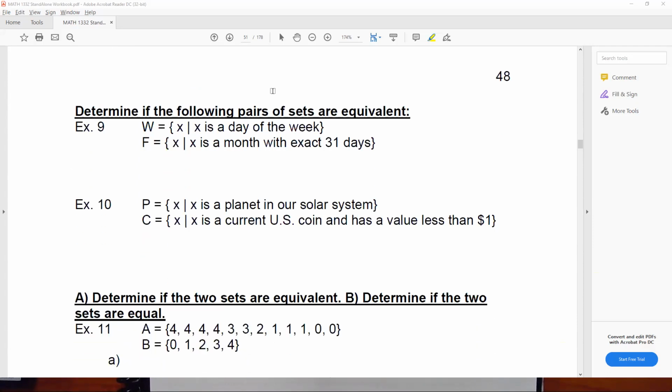So now here we're going to talk about equivalency. W is the set that contains X such that X is a day of the week. F is equal to the set that contains X such that X is a month with exactly 31 days. Are those equivalent?